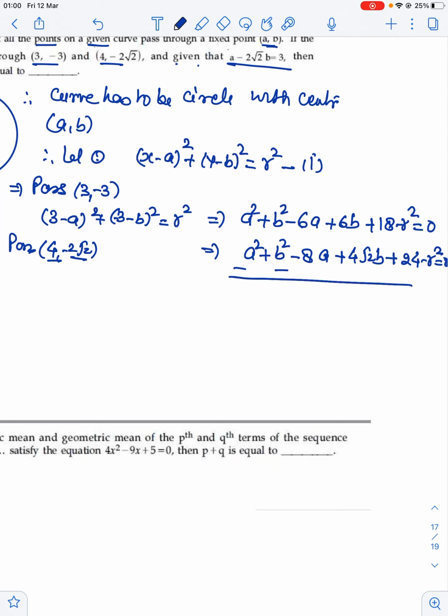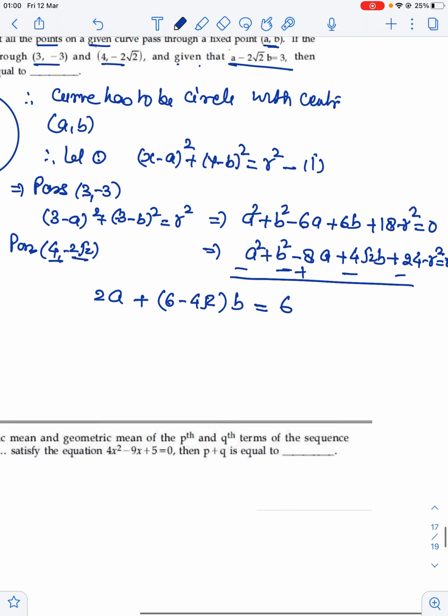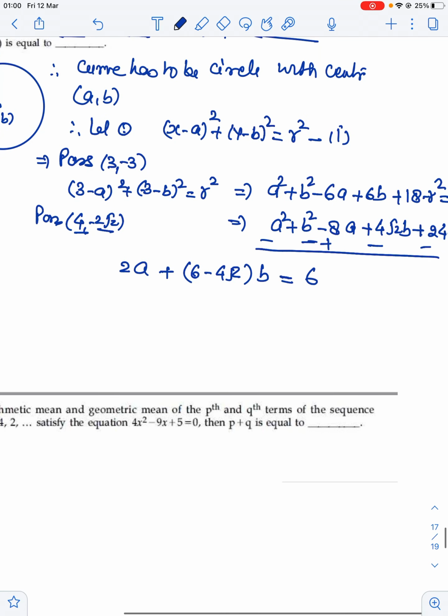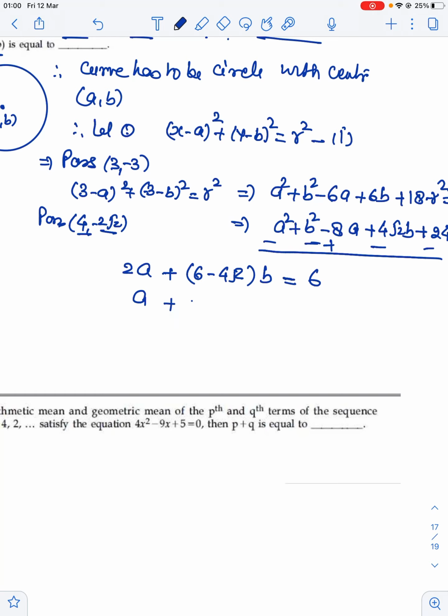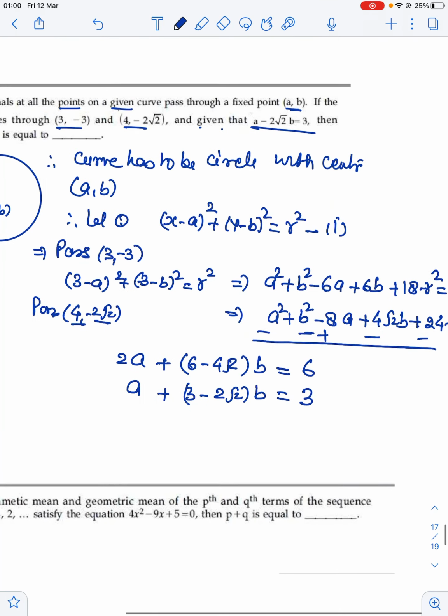Now if we subtract these two, you will have 2a plus 6 minus 4 root 2 b, and 18 minus 24 is minus 6, is equal to 6, you can say. So if I take 2 common, it will be a plus 3 minus 2 root 2 times b is equal to 3.